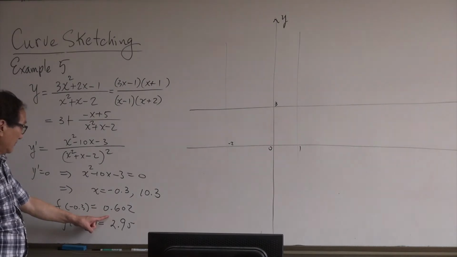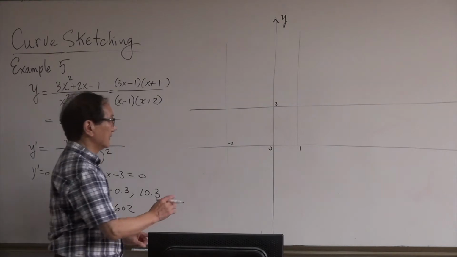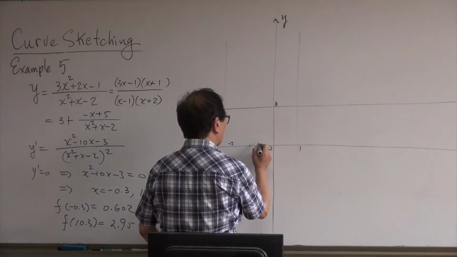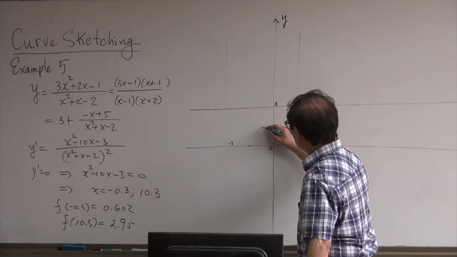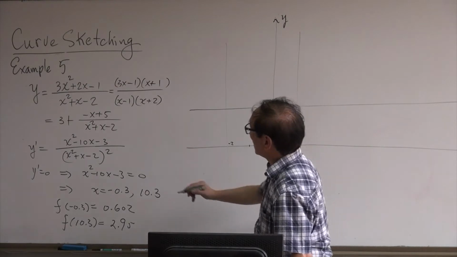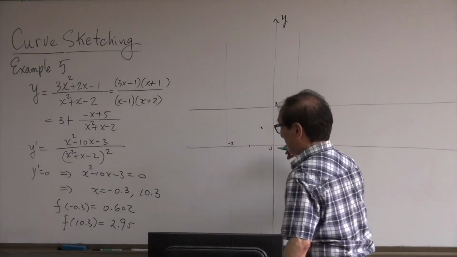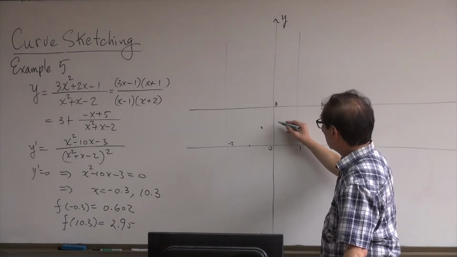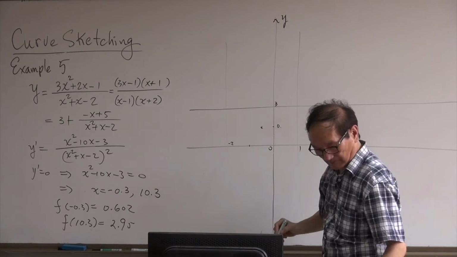Minus 0.3, right? This is minus 1, and 0.6 is somewhere here. Where is the intercept? When x equals 0, y is equal to half. This is 0.6.